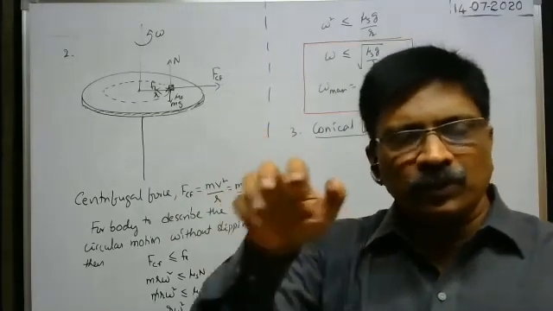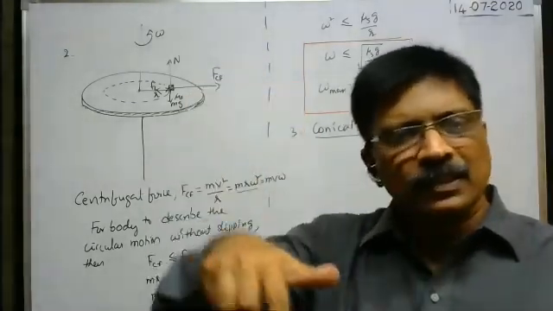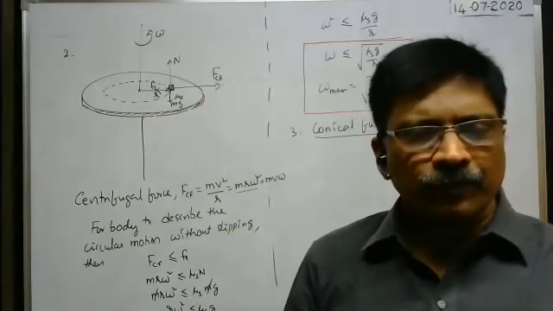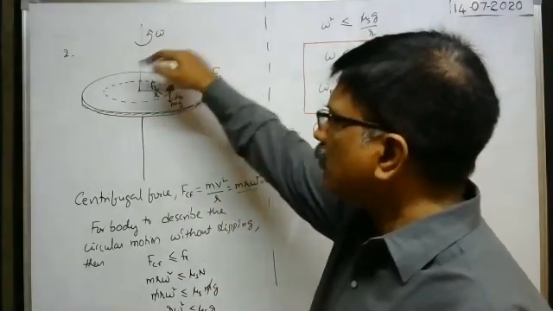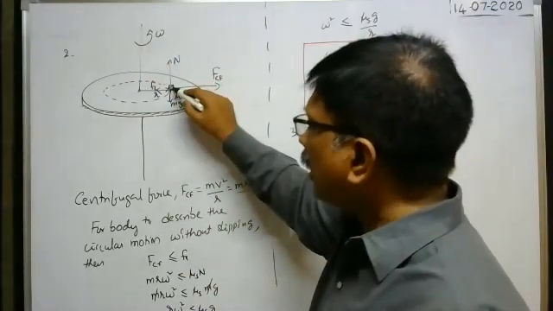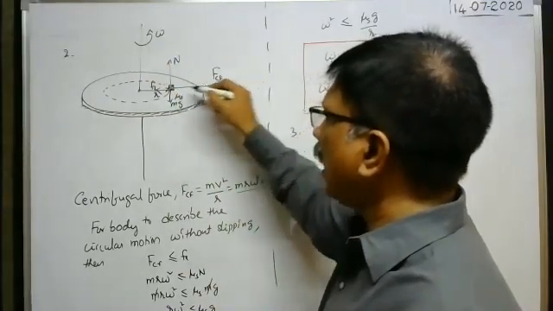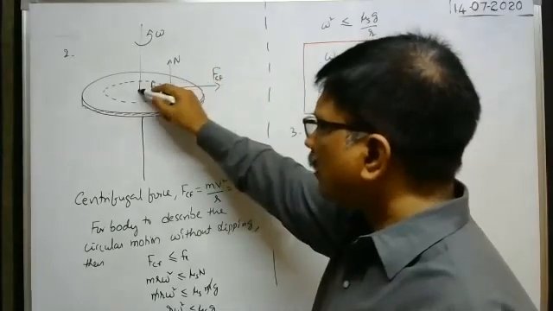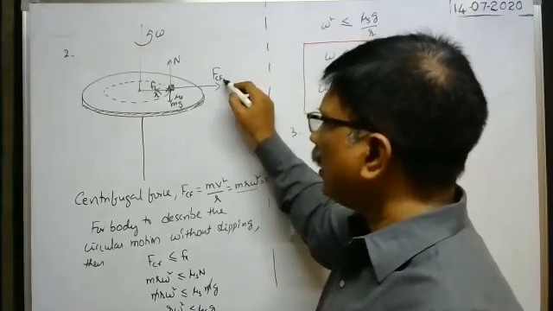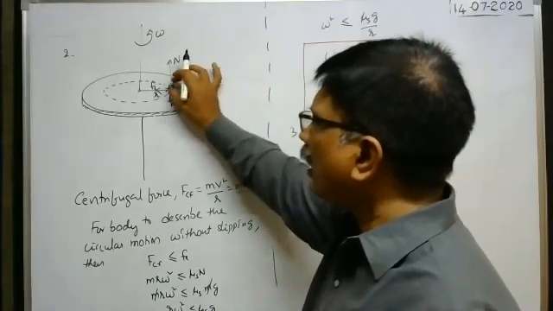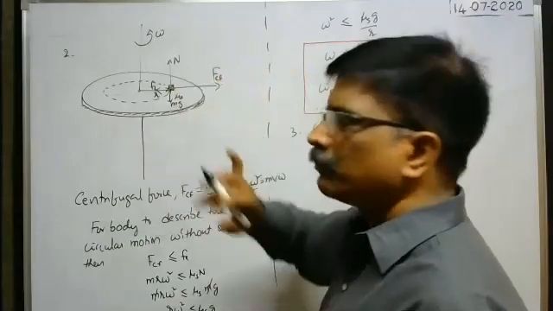There is a possibility for the body kept over the circular disk to slip off, no? Why? Whenever the body is kept on the disk and the disk is made to rotate, the body experiences centrifugal force away from the axis of rotation, or away from the center of the disk. Because of the centrifugal force, there is a possibility for the block to slip from the disk.